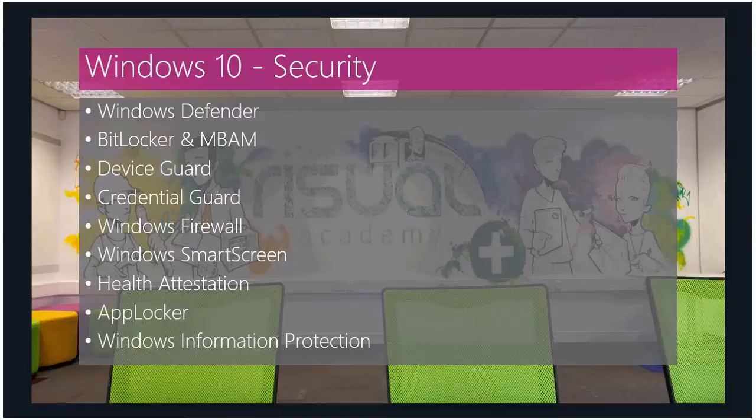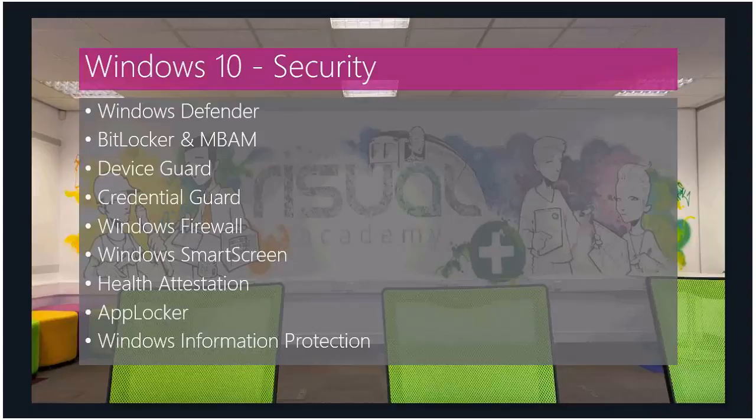Things like your BitLocker and your Device Guard and your Credential Guard. Once you get into Windows 10 itself, you can move on and start using these other tools. One of them, AppLocker, is a really useful way of controlling the applications, sort of a blacklist, whitelist level of control over the applications that you run.